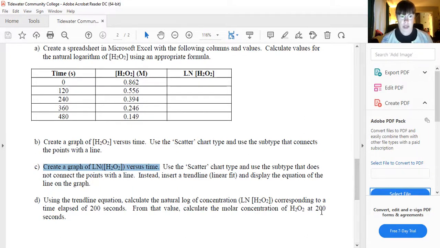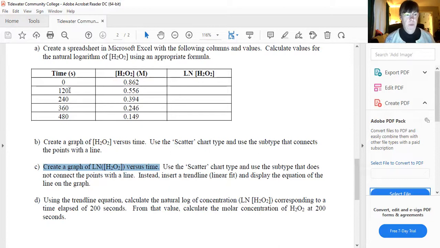If you put 200 into your Y value and then calculate your X value and anti-natural log it, you will get a calculated value for your concentration.